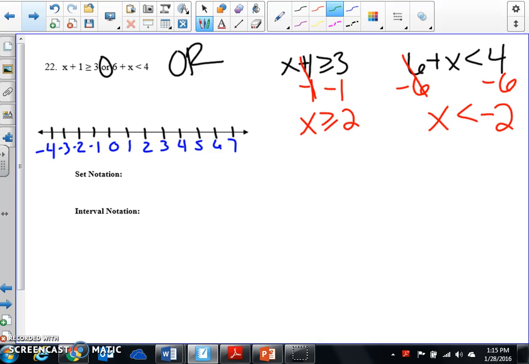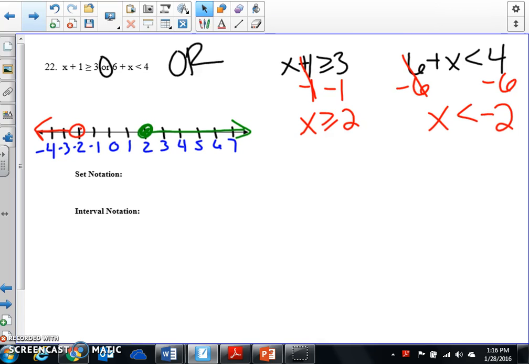Okay, so I go to 2, closed circle, going to the right. Then I go to -2, open circle, to the left. This is an or, so it's completely fine that they're opposites.